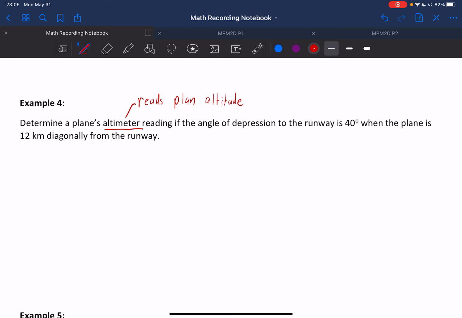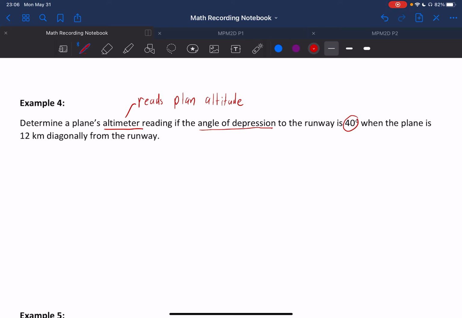Altitude. What it's saying here is we're going to have an angle of depression. So determine a plane's altimeter reading if the angle of depression to the runway is 40 degrees, when the plane is 12 kilometers diagonally from the runway.